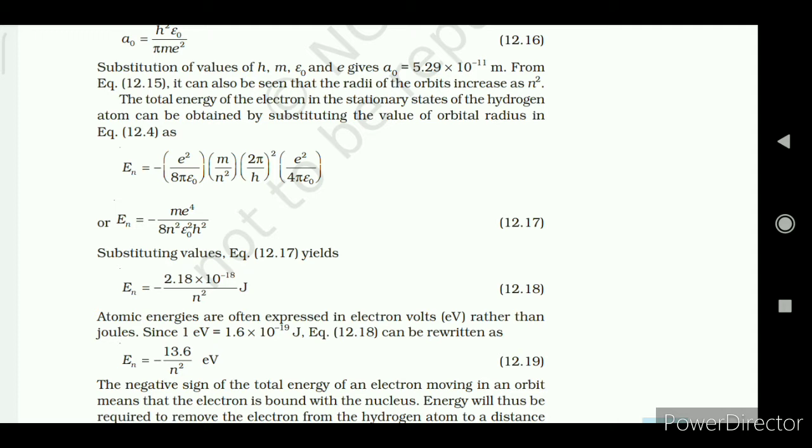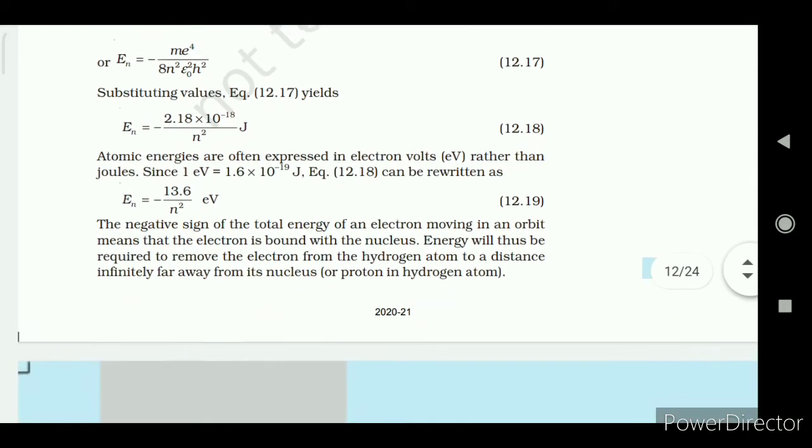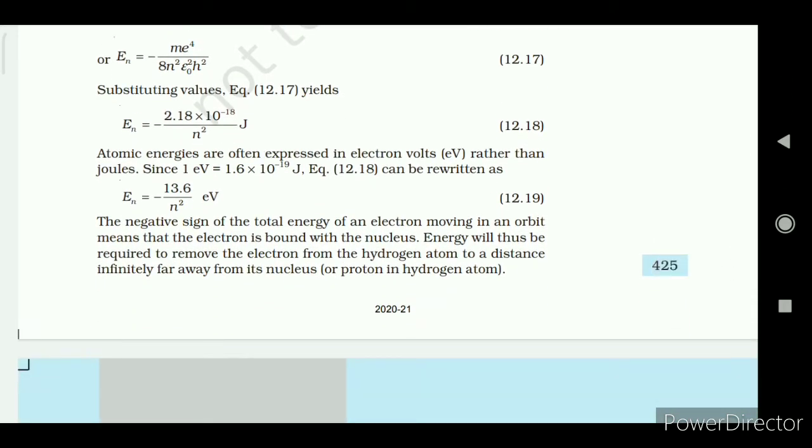12.5. The line spectra of the hydrogen atom. According to the third postulate of Bohr's model, when an atom makes a transition from higher energy state with quantum number ni to lower energy state with quantum number nf, the difference of energy is carried away by a photon of frequency nu if, such that h nu if is equal to Eni minus Enf.